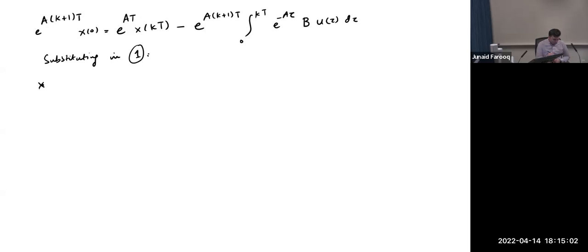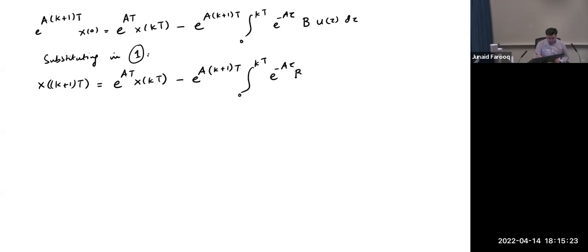So we are left with x of (k plus 1) capital T equals e to the power AT x of kT minus e to the power A(k plus 1)T times the integral from 0 to kT of e to the power minus A tau B u of tau d tau, plus e to the power A(k plus 1)T times the integral from 0 to (k plus 1)T of e to the power minus A tau B u of tau d tau.